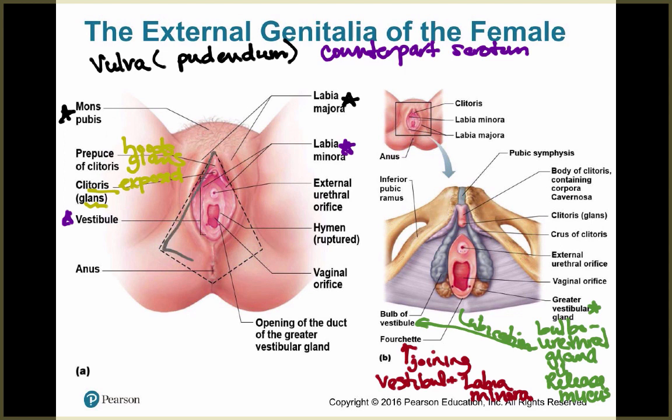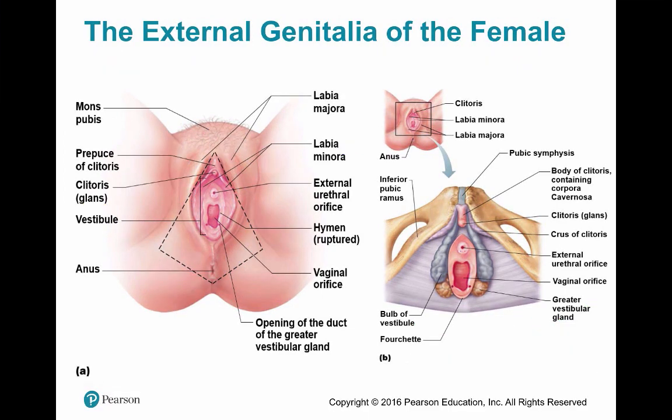If you look at this diamond shape here, if you remember in the men's, it's the same name, perineum. Back here is the coccyx, right? You have the pubic arch over here, and then the two ischial tuberosities, and it makes that nice diamond-shaped area. That gives you an idea of the external genitalia.